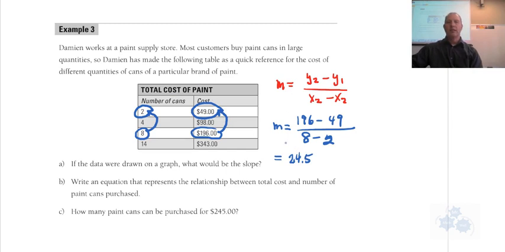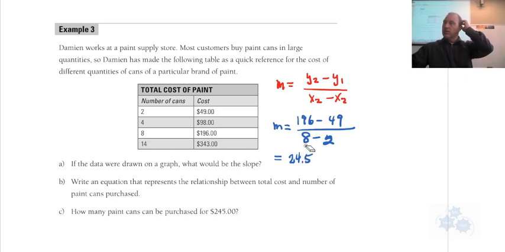What does that represent there? That's the slope, yeah, but what does the slope represent? Represents the cost of the certain amount of cans. A cost, okay, you're close, the cost of a certain amount of cans. It's the cost for different quantities.